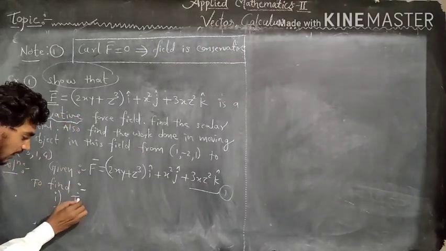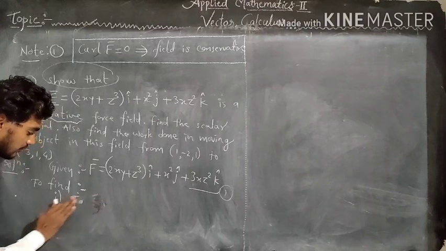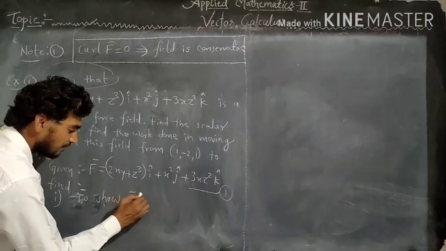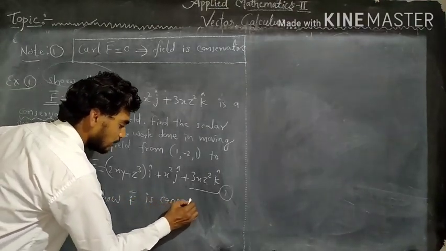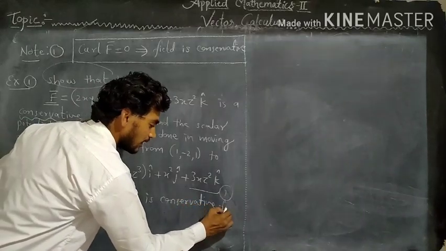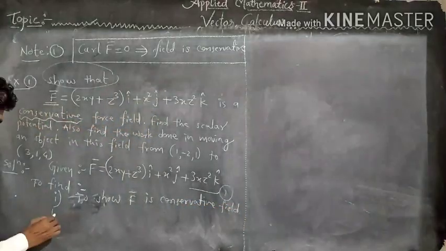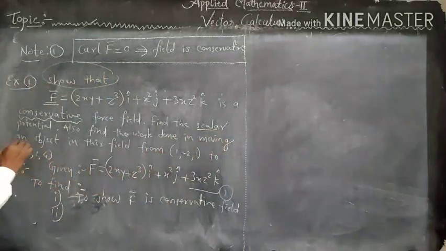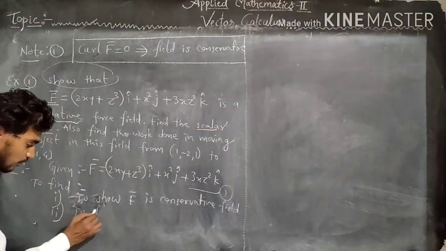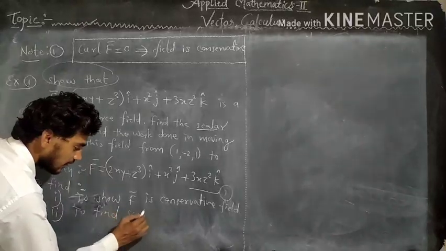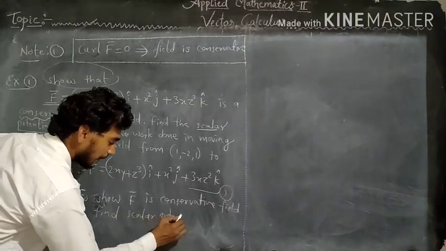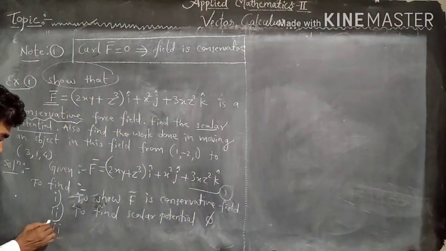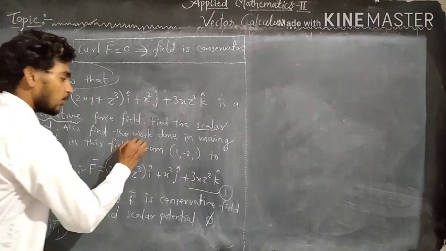Second, we have to find the scalar potential, denoted by phi. And the last one, in the same example, we have to find the work done.